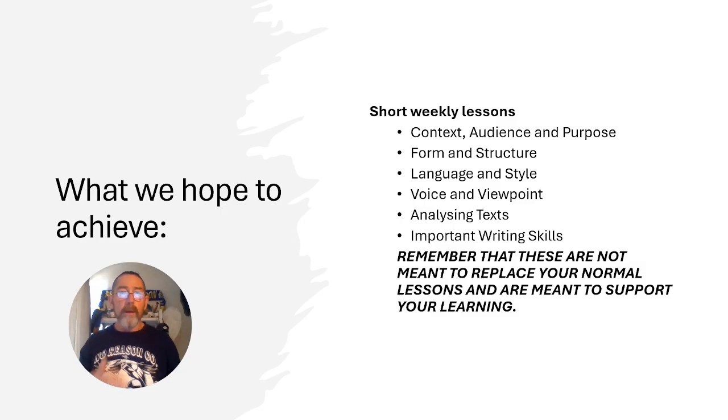We're hoping to achieve short weekly lessons, and each week we're going to focus on something different. This week we're focusing on context, audience, and purpose. Next week, form and structure. Then language and style, voice, viewpoint, analyzing texts, and then those important writing skills.